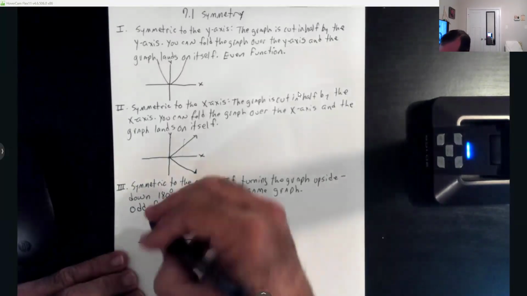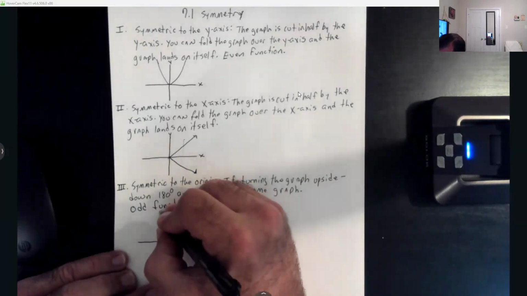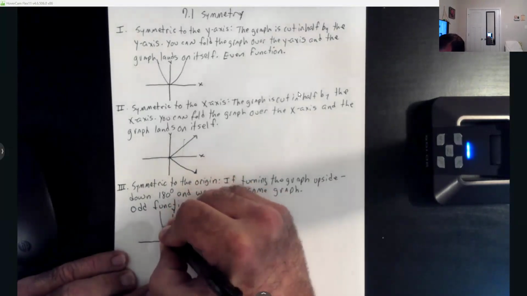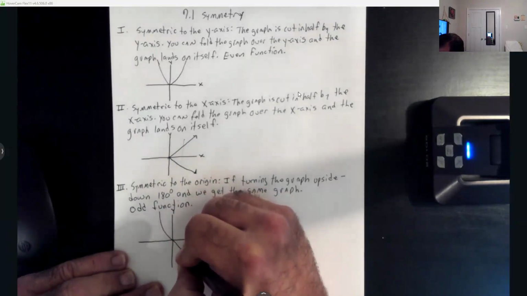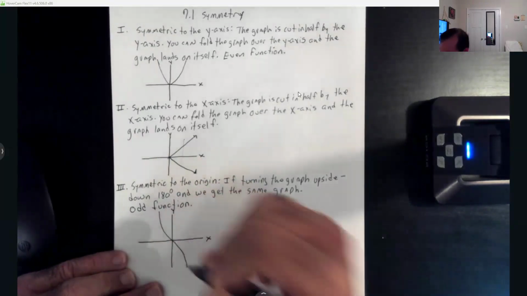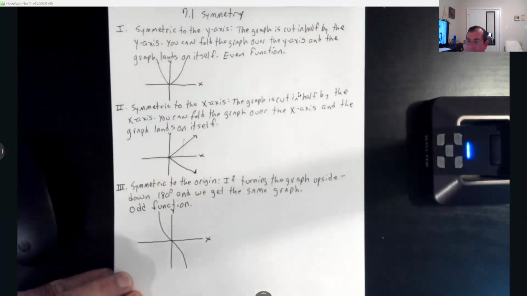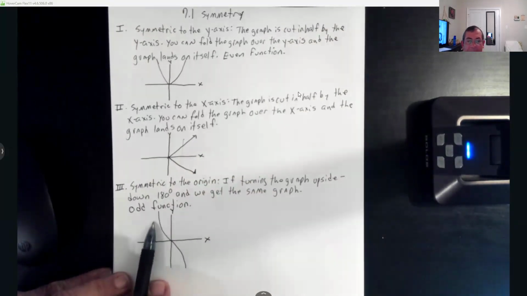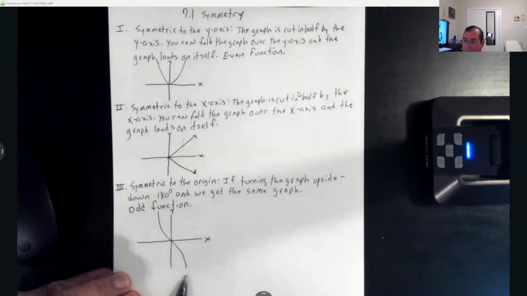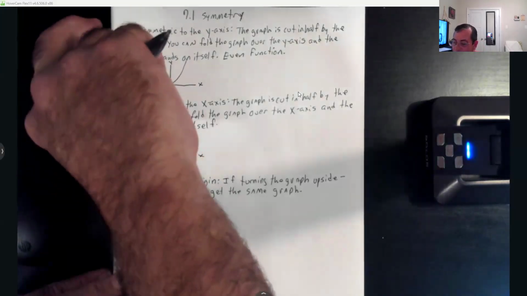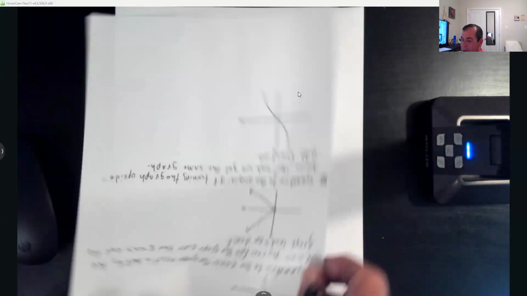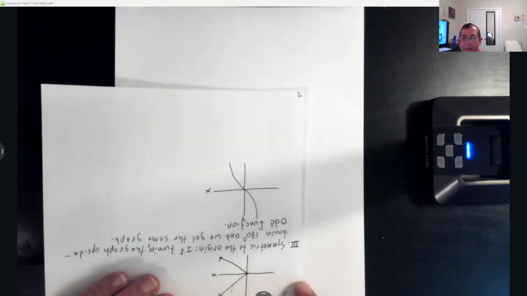All right, y'all, so to be symmetric to the origin, I can have a graph come down. It passes through the origin, and then it continues down. All right, so look at this graph, how it looks. It's coming downhill, left to right. Okay? Now watch this. Y'all got the graph here, right? So now I'm going to turn it 180 degrees.